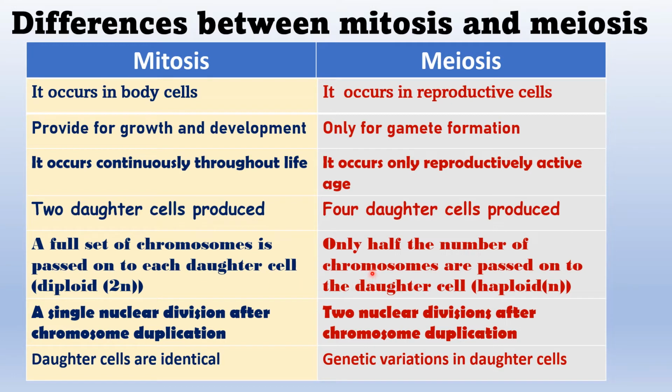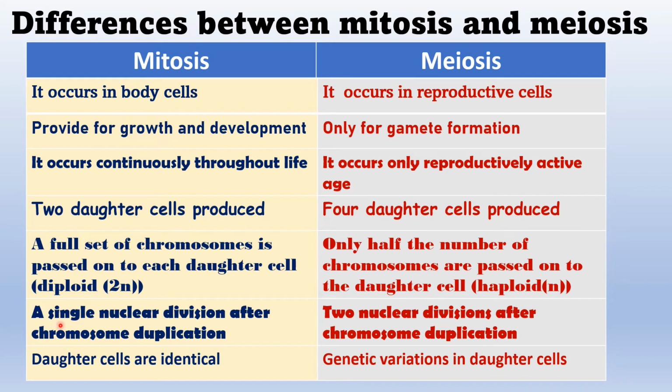But in the case of meiosis, only half the number of chromosomes are passed on to the daughter cell. In the case of meiosis, daughter cells are haploid. Half the number of chromosomes you can see, but in parent cell, that is diploid. Parent cells are diploid, but after meiosis, the daughter cells will be haploid.